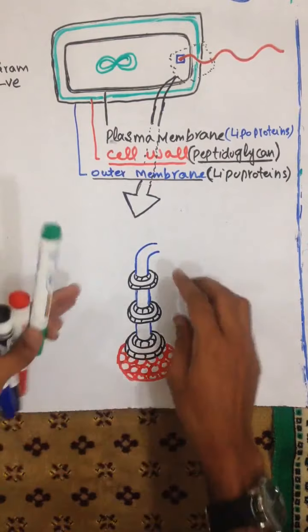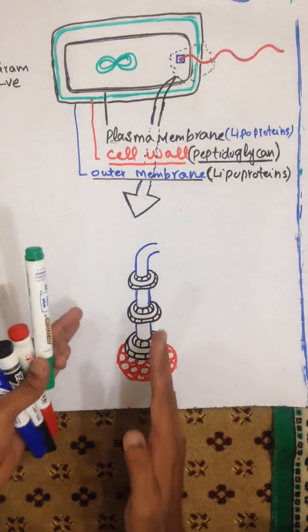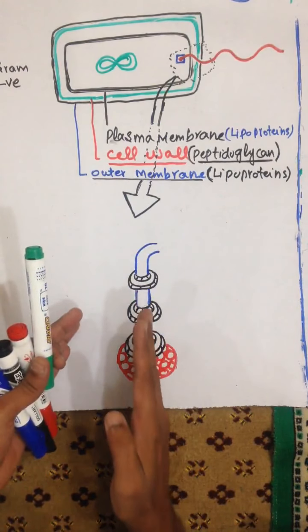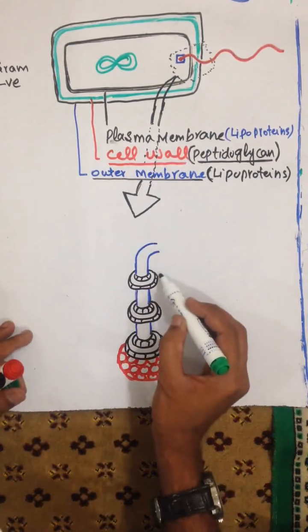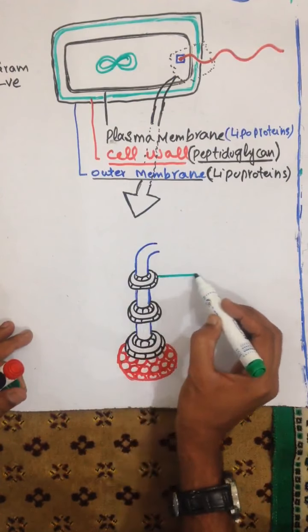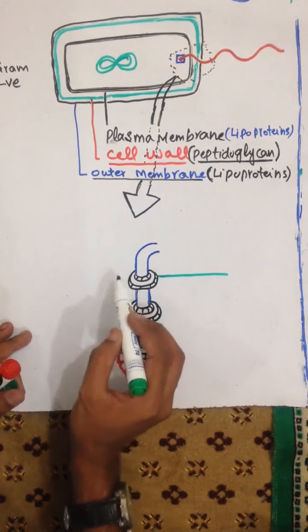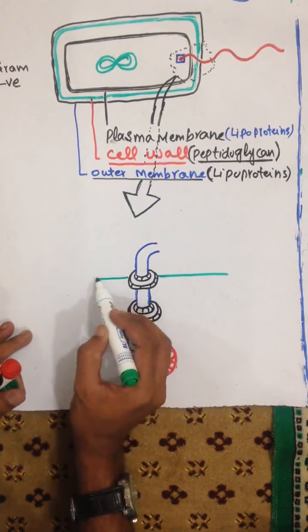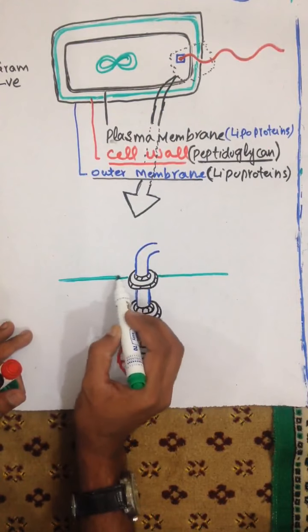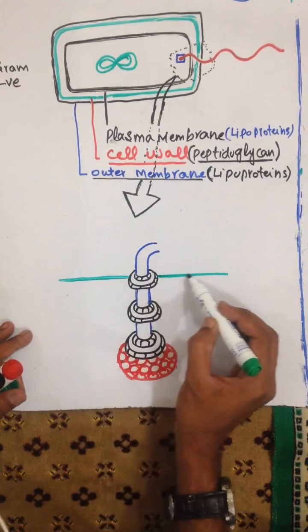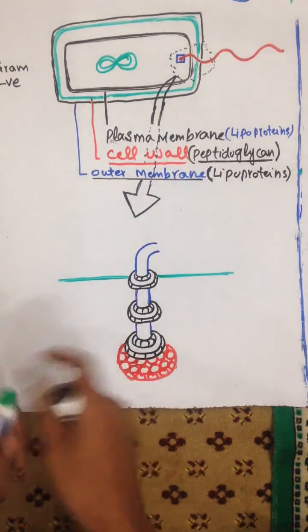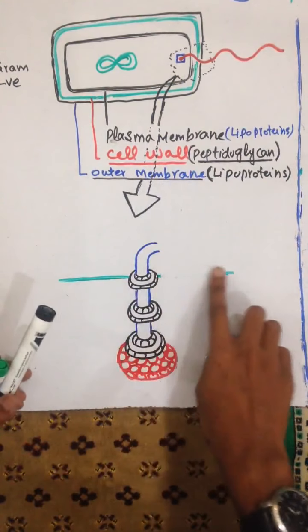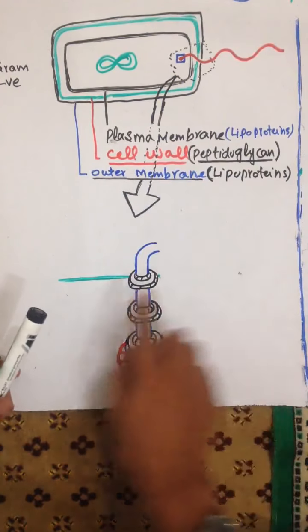Now I will draw the different layers through which this whole structure is extending out. The first layer is called the outermost layer, which is a lipoprotein. The outermost cover, you can see in the diagram that is in black color, so I will draw the same color.